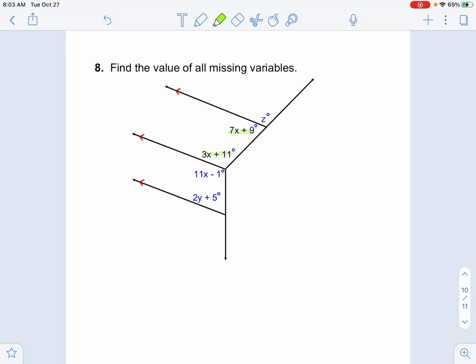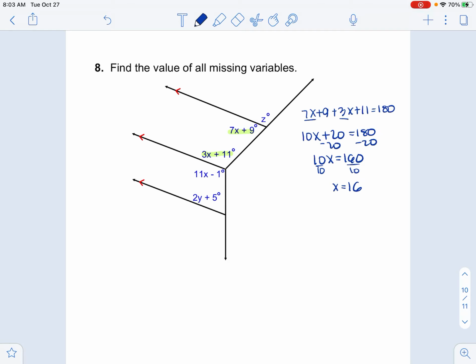So I can solve for x by saying these 2 angles add to 180. 7x plus 9 plus 3x plus 11 equals 180. Combine like terms. 10x plus 20 equals 180. Subtract 20. 10x equals 160. Divide by 10. X equals 16.